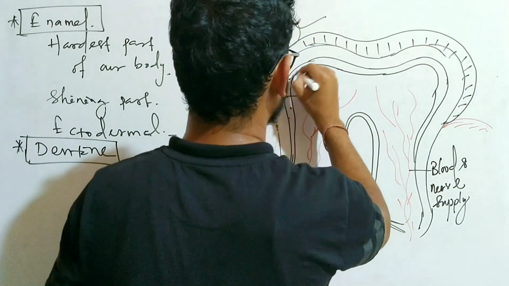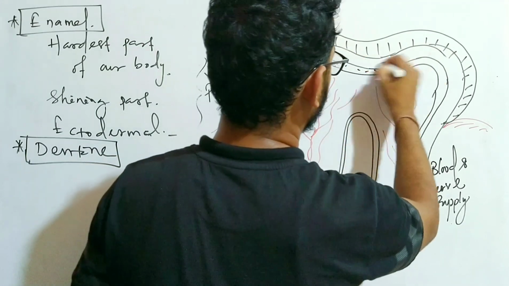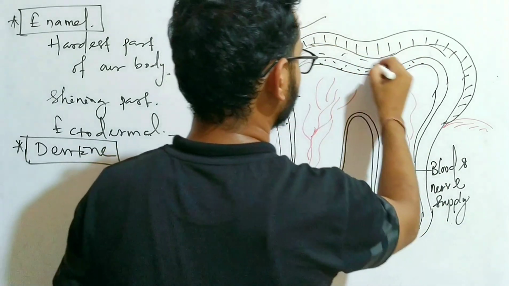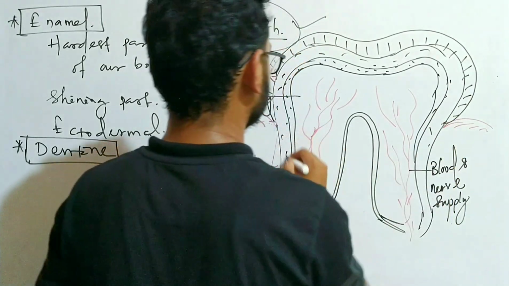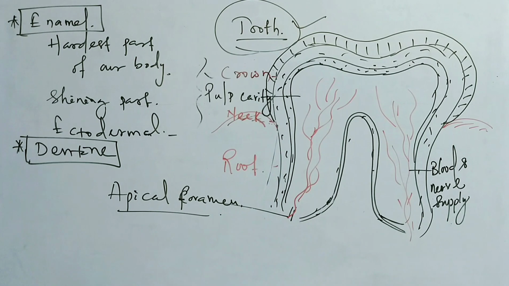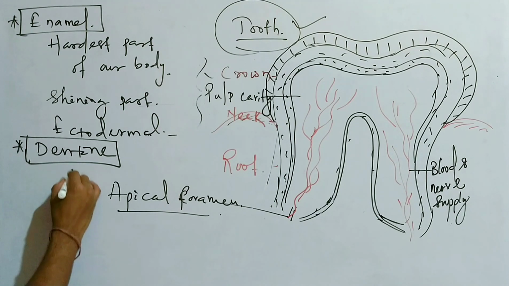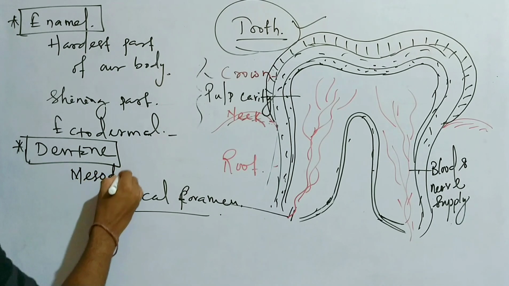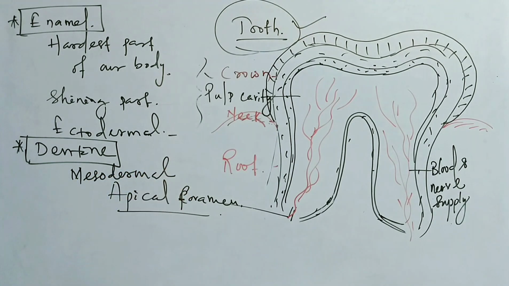So this layer, we can say, is the dentine that makes the tooth. Remember, the dentine is the part of the tooth which is mesodermal in origin. So it is also very important to remember dentine and enamel.